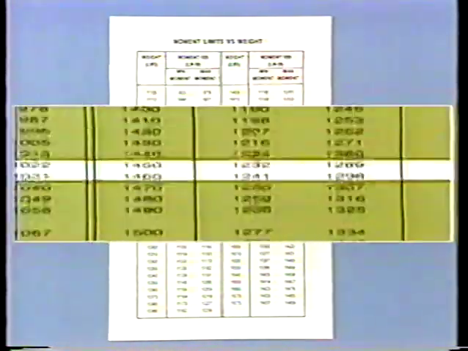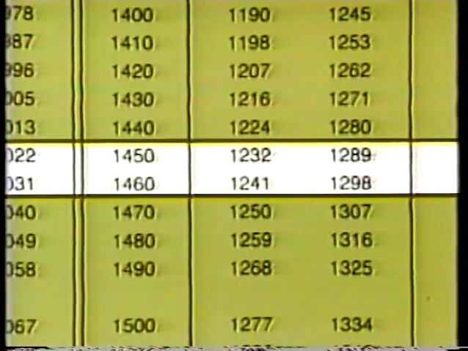For a landing condition weight of 1,459 pounds, use the 1,460 pound line to find limits of 1,241 to 1,298. 1,288, our moment index, falls between these limits.